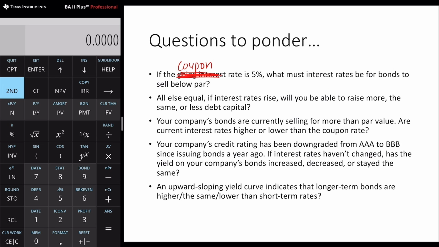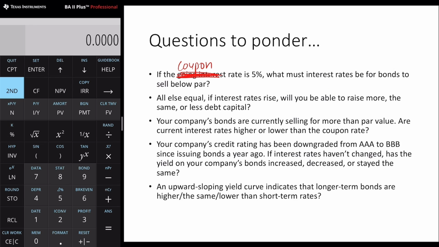Your company's credit rating has been downgraded from AAA to BBB since issuing bonds a year ago. If general interest rate levels haven't changed, has the yield on your company's bonds increased, decreased, or stayed the same? This is an important one too, because if you remember from the lecture, our discussion about credit quality and credit ratings, not all companies are created equal.